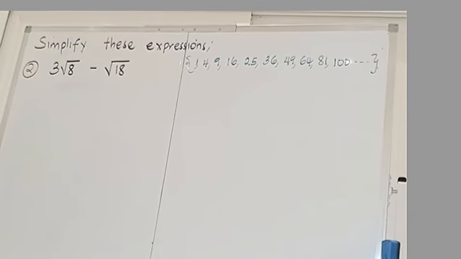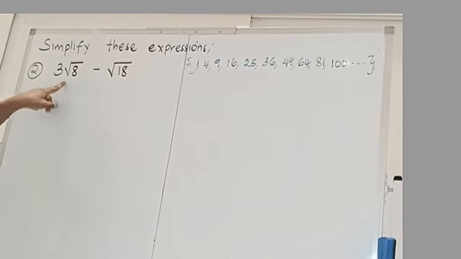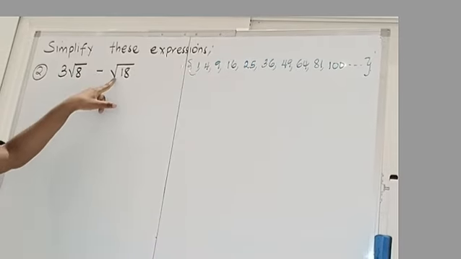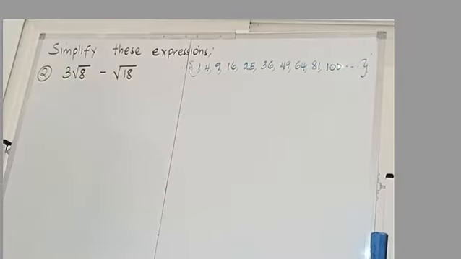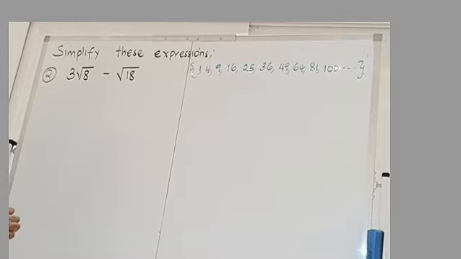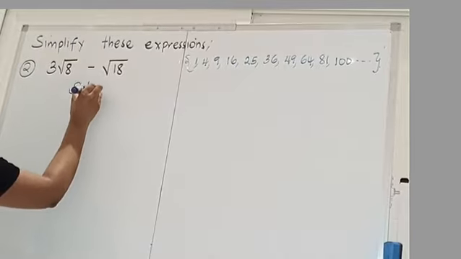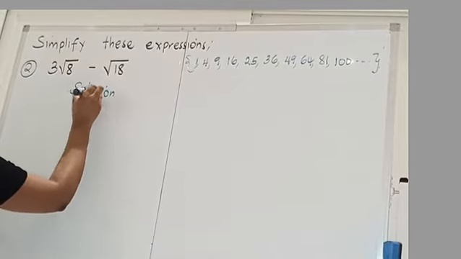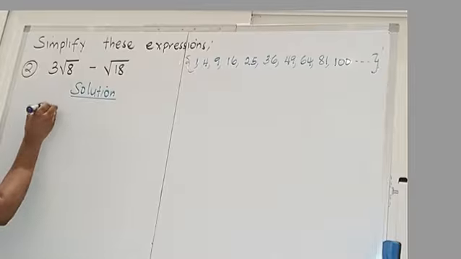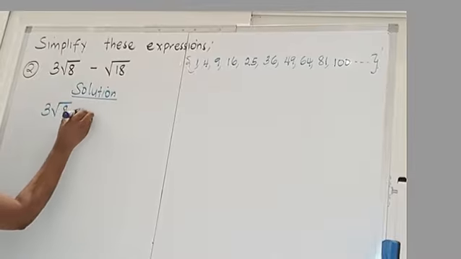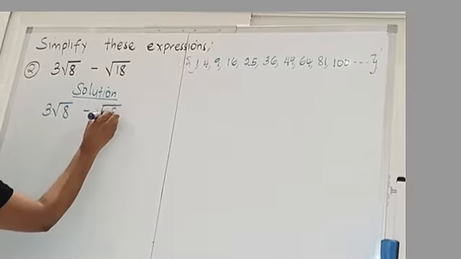We have the second one. It is 3 root 8 minus root 18. Now in our solution, we have 3 root 8 minus root 18.